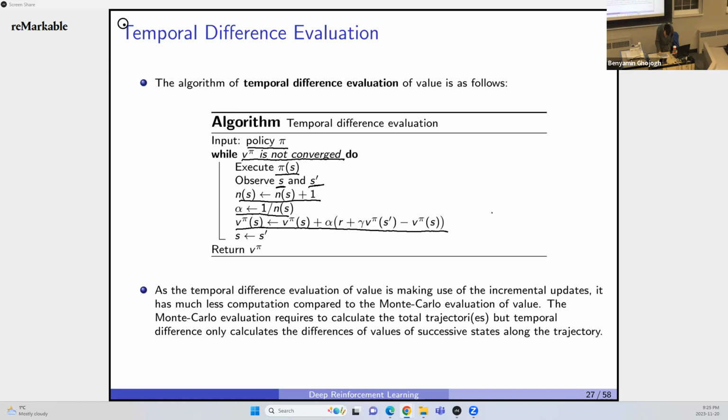You use this temporal difference to update your V of S for the policy pi. Then you go to the next state and do it again, until convergence. Then you return this value. Basically, this algorithm says how good the policy is. Without any transition model, this is a miracle. By just interacting with the environment, I can see how good the policy is.